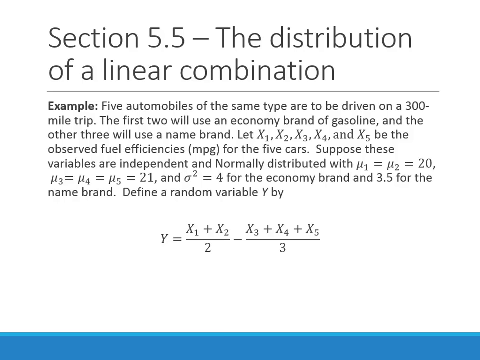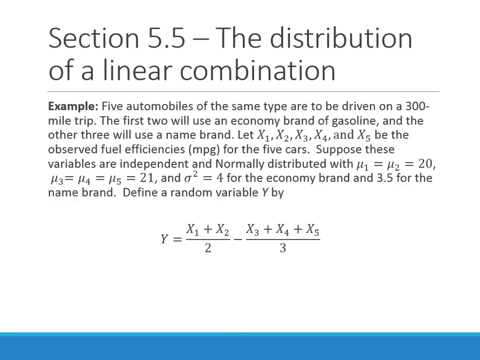So the expected value of y is just going to be the weighted sum of the means. So this is going to be 1/2 times mu1 plus mu2, and then subtract off the mean of the other three, so 1/3 times mu3 plus mu4 plus mu5. So maybe I'll just note that a1 is the same as a2, which is 1/2, and a3 is the same as all the next three, which is 1/3.